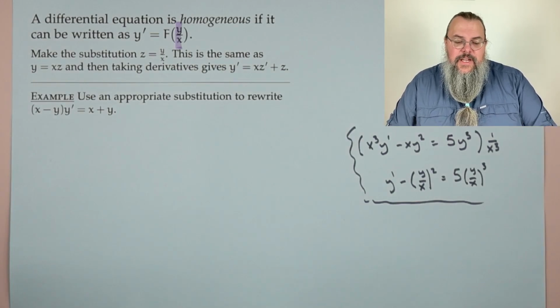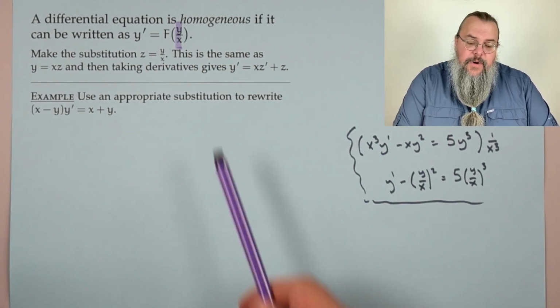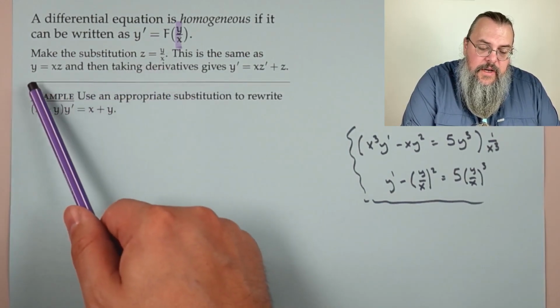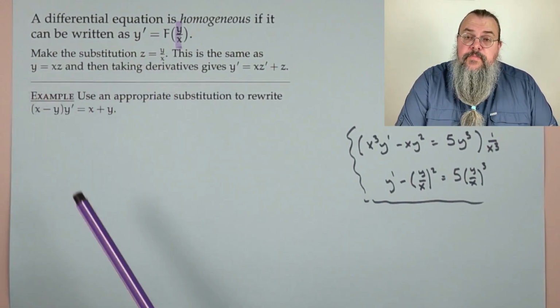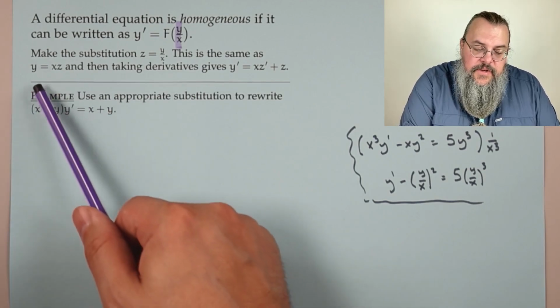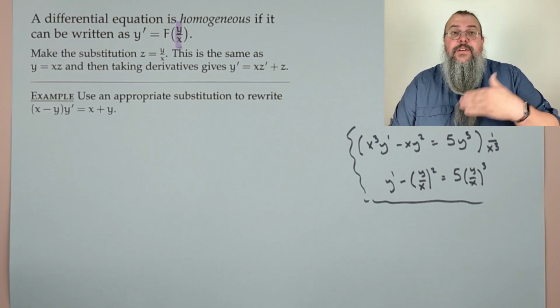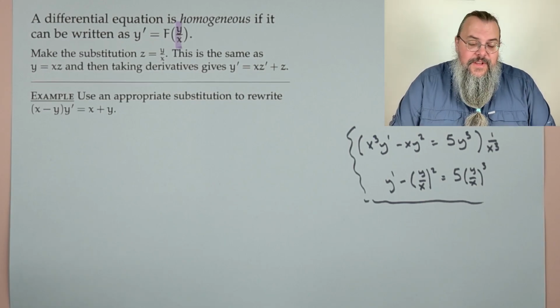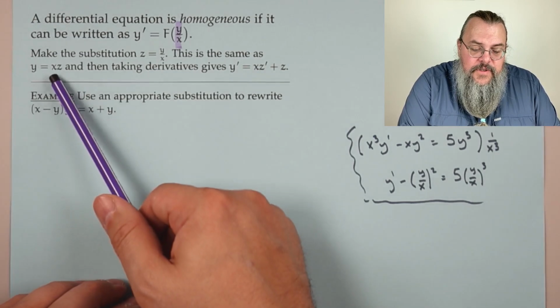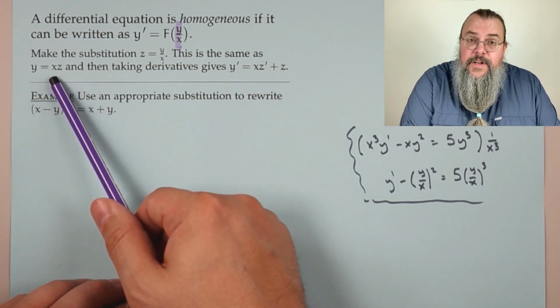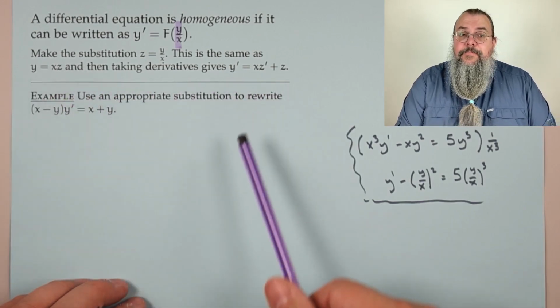So we say, okay, great. z is going to be y over x. Now, if you multiply both sides, that says y is the same as x times z. And so do the derivative, so y prime, because we have to replace not just the y's, we have to replace the y primes. Well, we have the first times the derivative of the second, x z prime, plus the derivative of the first, which is 1, times the second, which is z.